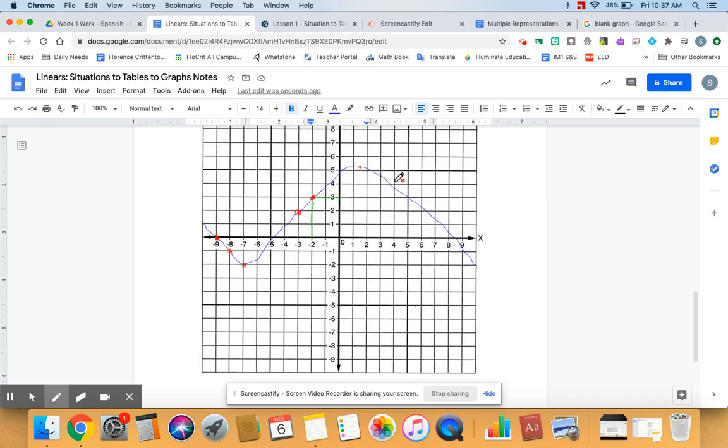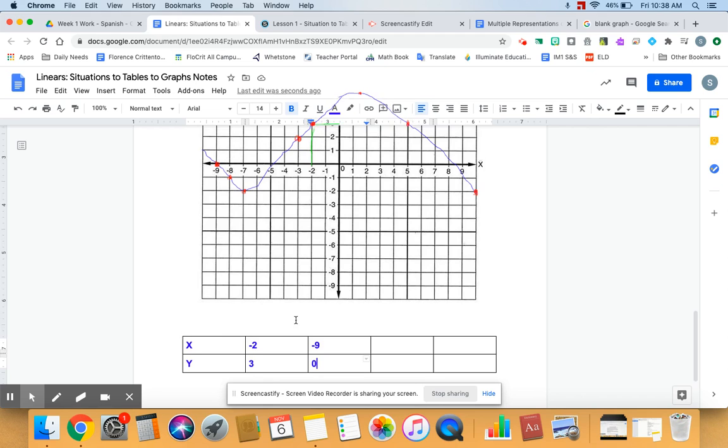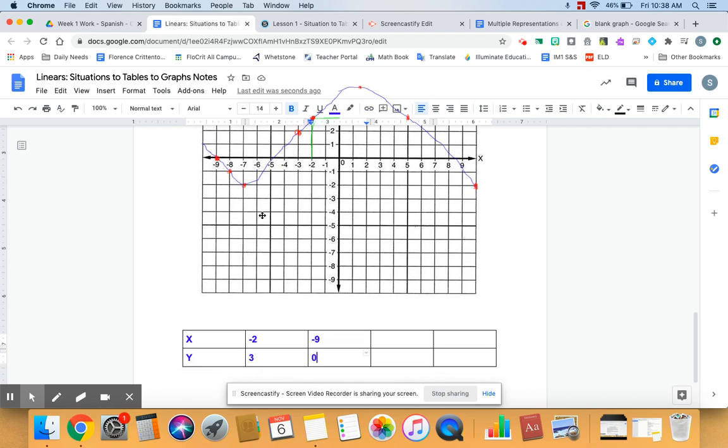Tons of decimals. This one goes through the grid marks perfectly, and this one goes through the grid marks perfectly. Because I have so many points that go through the grid marks perfectly, I can use these to make my table. Normally tables start with the smallest x first, so left to right.